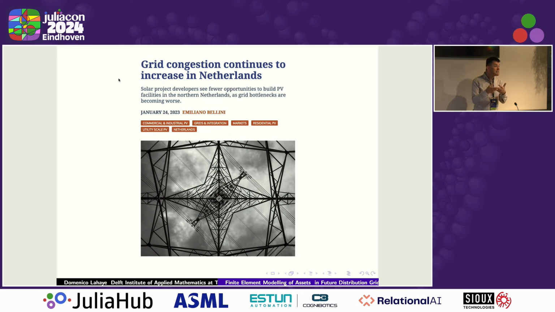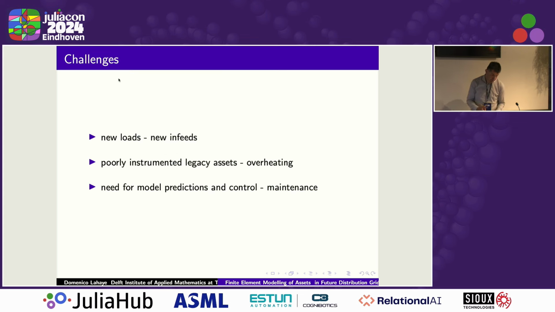So how does this congestion affect the distribution of power on the low voltage level? We have to deal with new loads, for instance, electrical vehicle charging, new infeeds, for instance, by wind farms or by solar cells or by local storage.